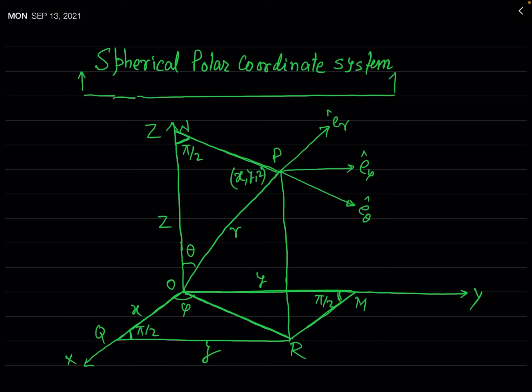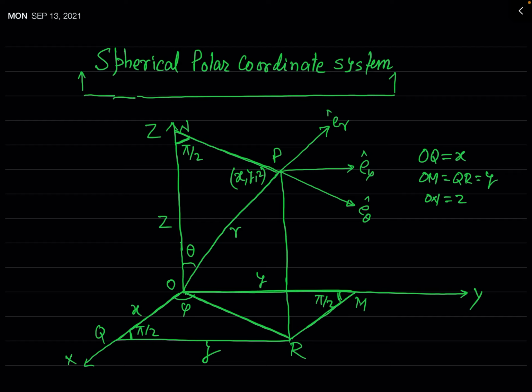So you can say that OQ is equal to x, OM, which is also equal to QR, is equal to y, and ON is equal to z. So these are the x, y and z coordinates of the point P.